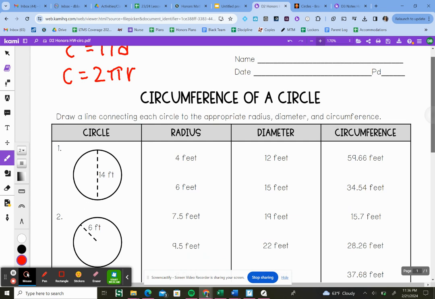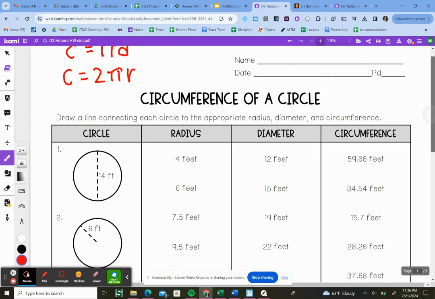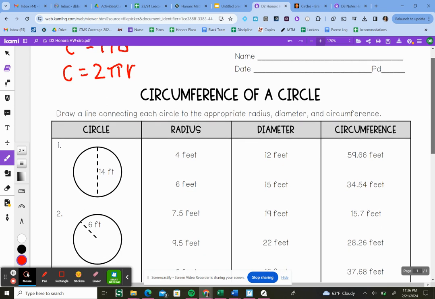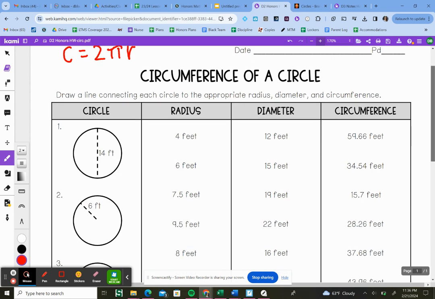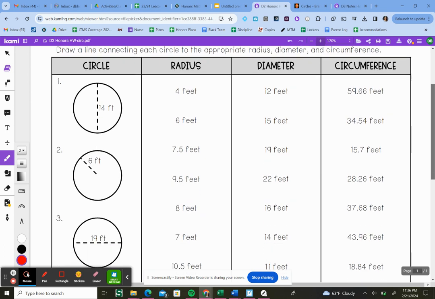Okay, draw a line connecting each circle to the radius, diameter, and circumference. All right, first circle, I see the radius must be 7 because that's half of 14. Means the diameter is 14.